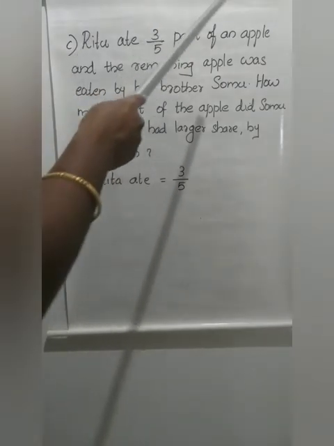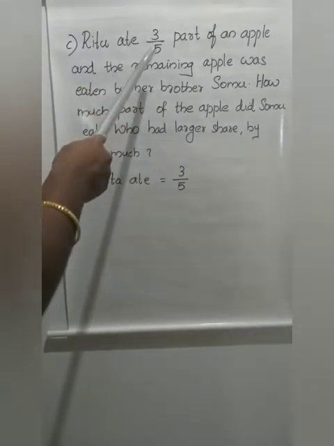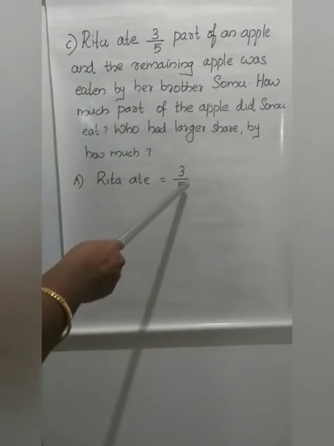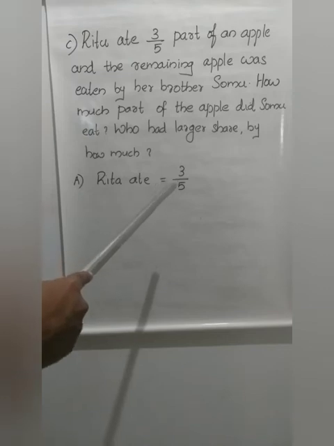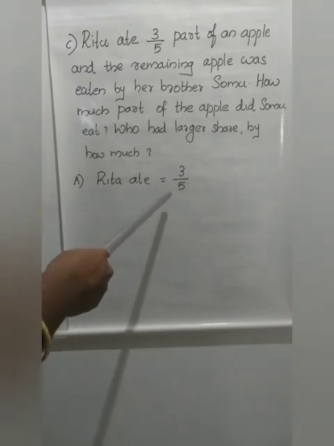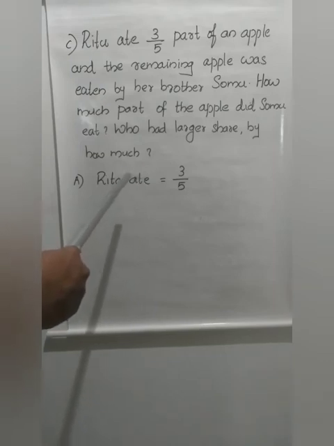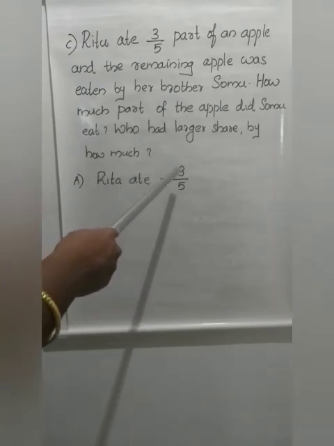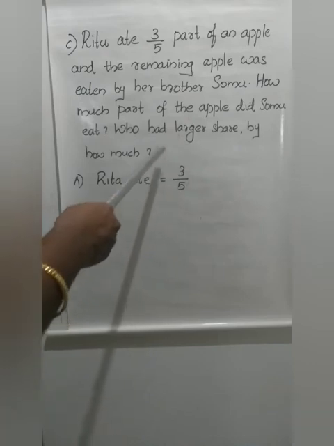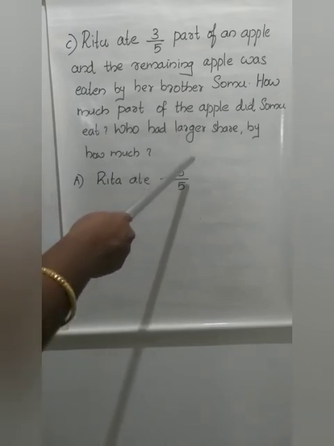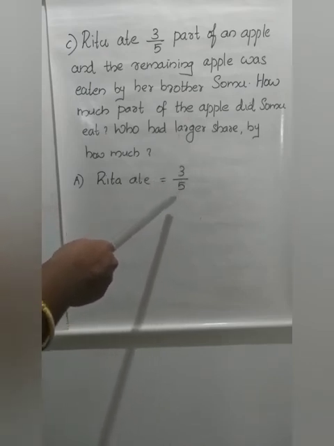That means that apple is divided into how many parts? 5 parts. Out of those 5 parts, how many portions did Ritu eat? 3. That is the meaning of 3/5, isn't it? Out of the total 5, 3.